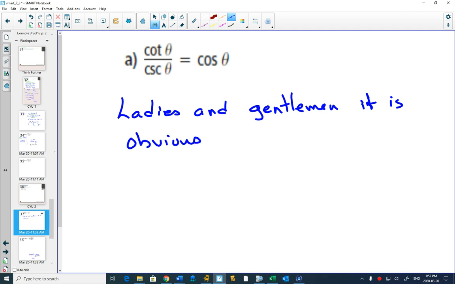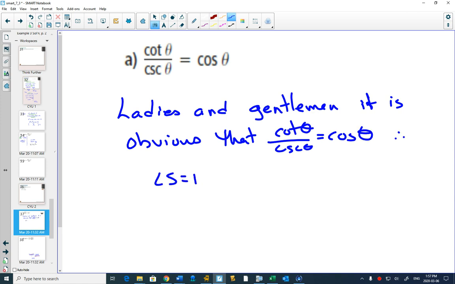It was a much more complicated proof than this one, but this is what the student wrote, that cotangent theta over cosecant theta equals cos theta. Therefore, left side equals right side, QED. Did they get the mark? No, thank God.